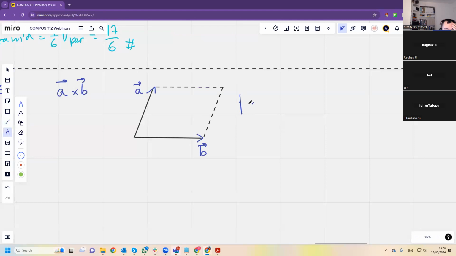So the modulus of the cross product of 2 vectors is equal to the area of the parallelogram.